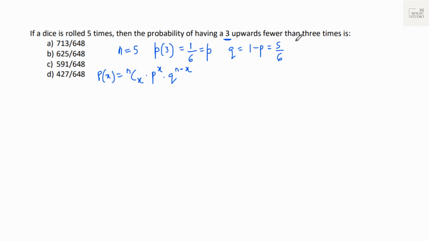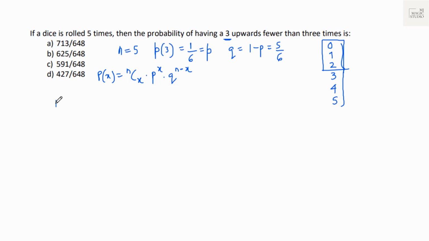When a dice is rolled 5 times, you can get 0 times 3, 1 time 3, 2 times 3, 3 times 3, 4 times 3 or 5 times 3. These are the values of x, and they are asking about the probability of having 3 upwards fewer than 3 times. Fewer than 3 times means 3 would be occurring 0 times, 1 time or 2 times.